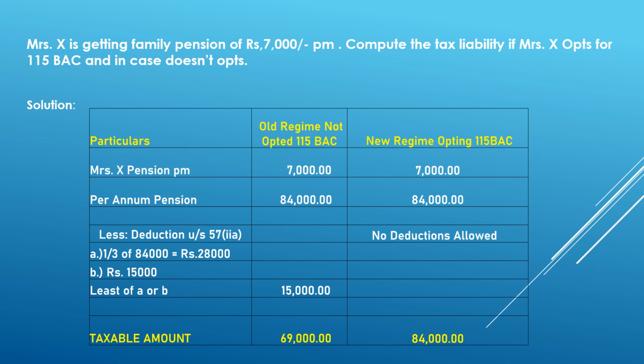So we have to reduce 84,000 minus 15,000, and the balance amount of 69,000 is taxable income under the old regime. If she's opting for the new regime, there are no deductions allowed. So the 84,000 she is receiving will be the taxable amount.